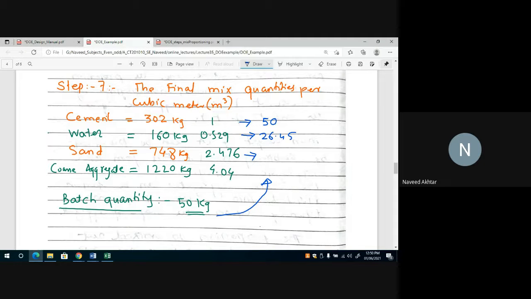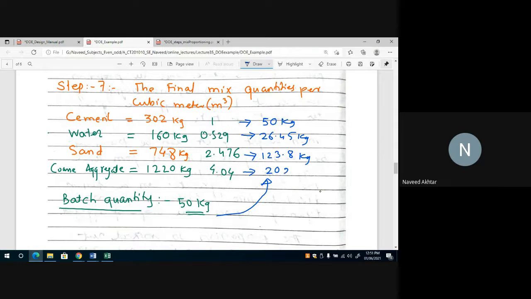And sand you will require 2.476 into 50, 123.8 kg required for a 50 kg bag. And similarly, the coarse aggregate will require 4.04 into 50, 202 kg.